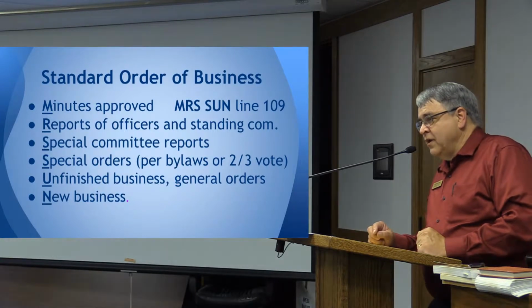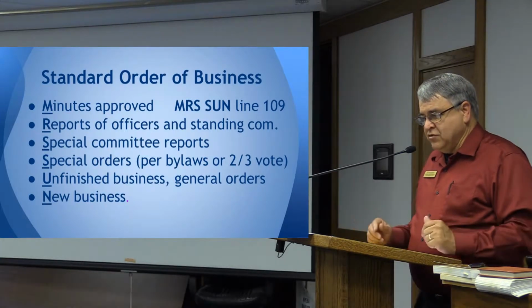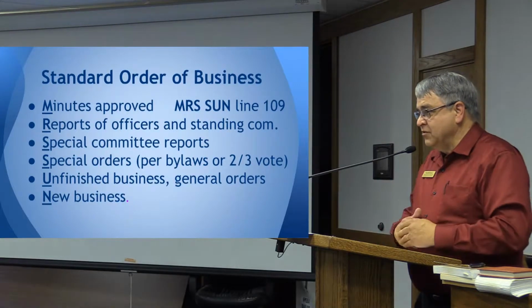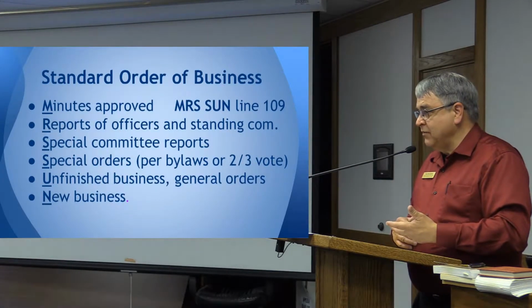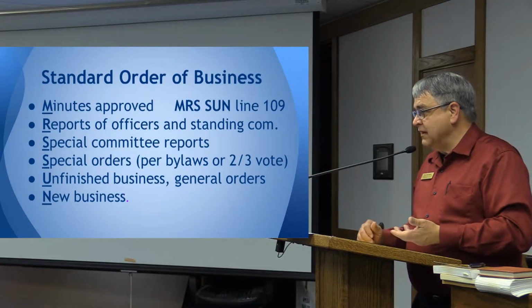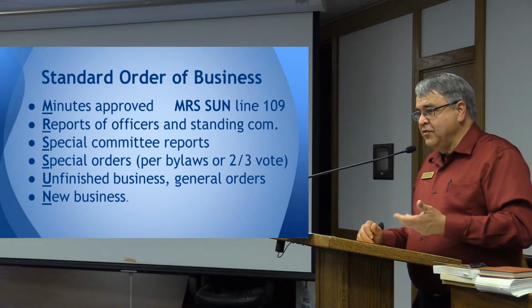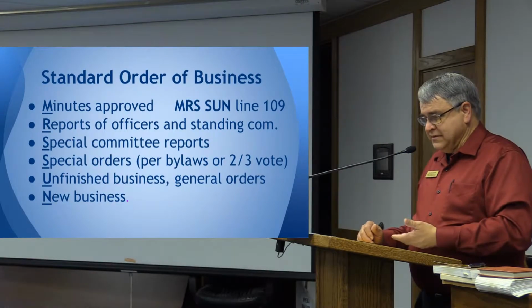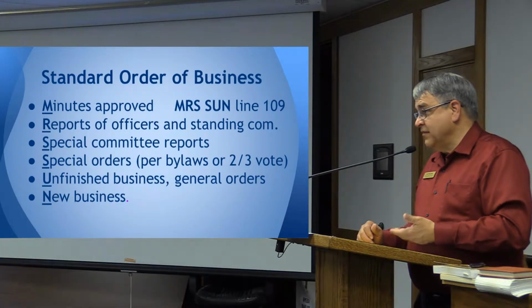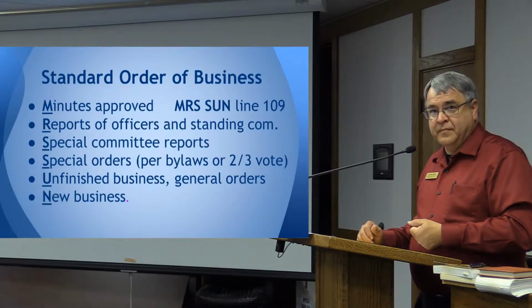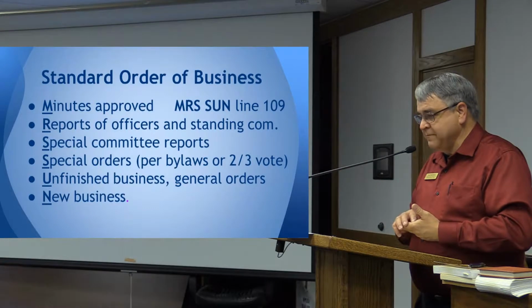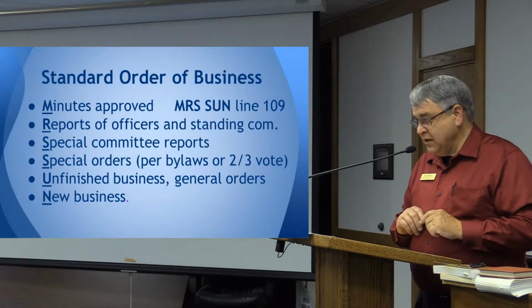The other way things get to be general orders is typically by adopting a draft agenda at the beginning of the meeting listing things that have not previously been voted to be part of this meeting. And those are automatically, once the agenda is adopted, even if they're listed under a heading of new business, they become general orders, because the assembly has said we're scheduling those for this meeting. Any questions on that?